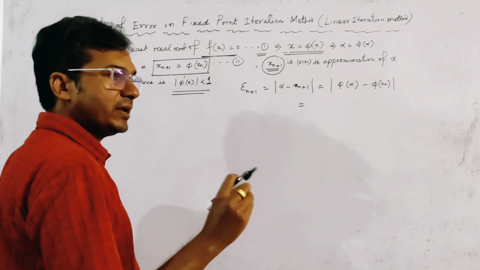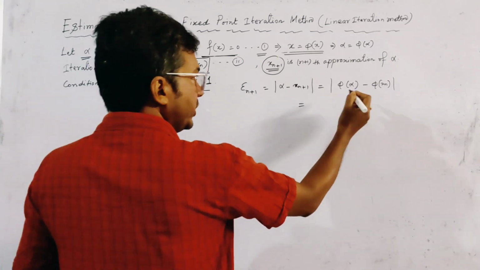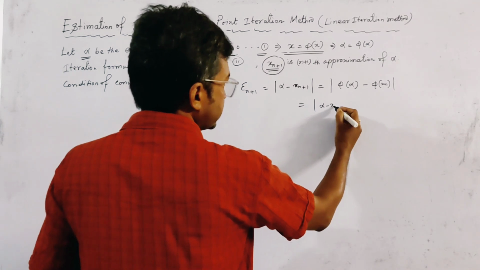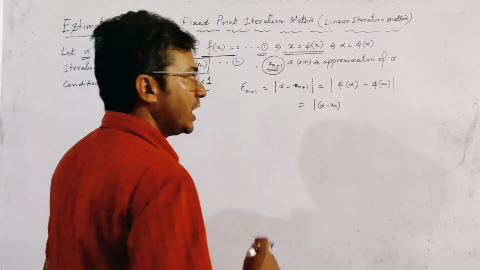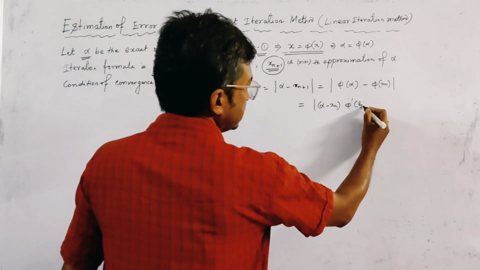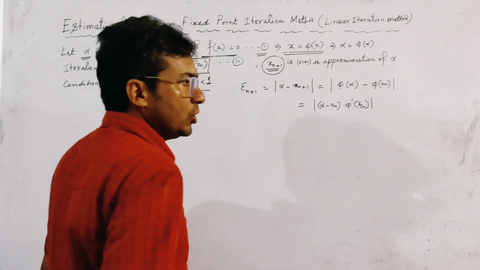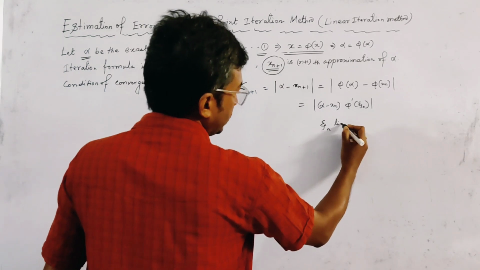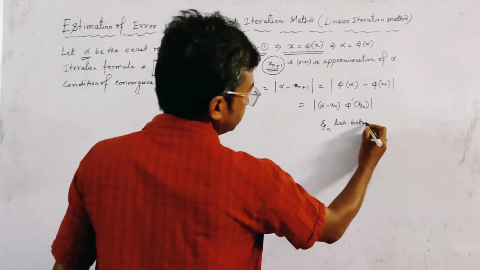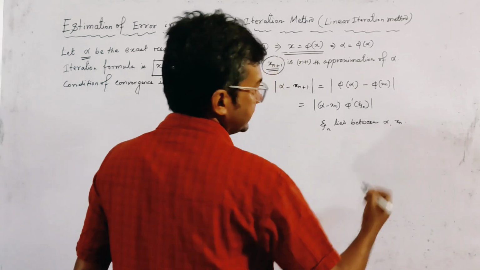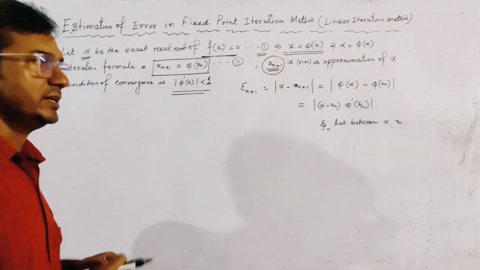Now, using the Lagrange mean value theorem, we write this result as mod of (alpha minus x(n)) into phi dash xi, where xi(n) lies between alpha and x(n).